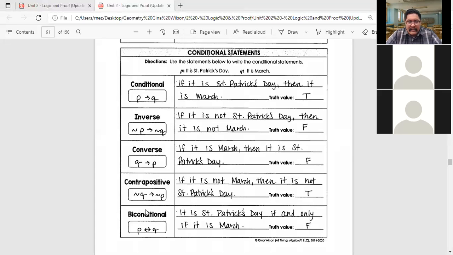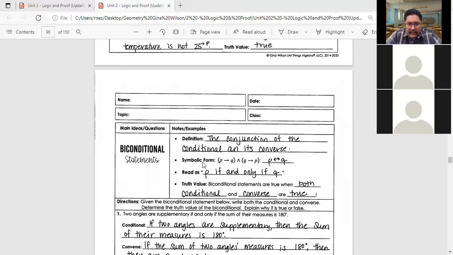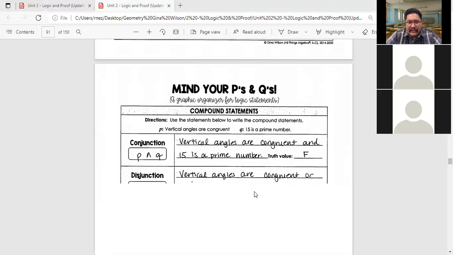All right, so biconditional. Bi means two, so two conditions. It's got that arrow, and remember that arrow means here, if and only if. And that means the conditional and the converse are both true. So let's check the conditional and the converse.